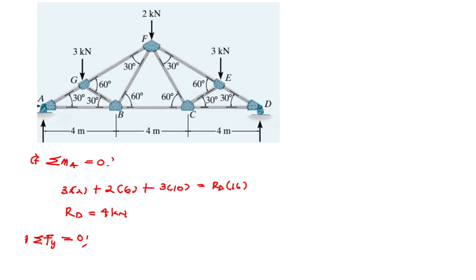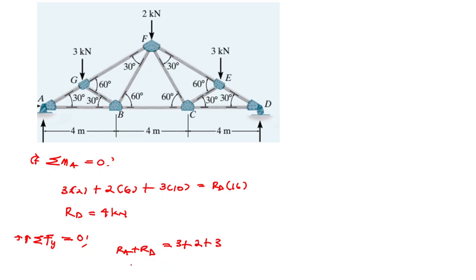If we say this is positive, then RA plus RD equals 3 plus 2 plus 3.